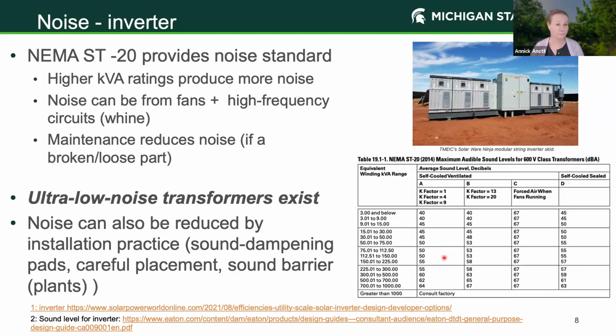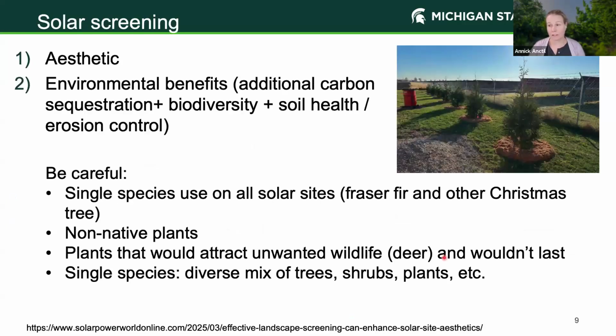In terms of the aesthetic, there are different regulation requirements depending on the state. I can talk mostly about Michigan because that's what I know best. The main reason we do it normally is for aesthetic reasons. But if we plan correctly, we can actually improve the environmental benefit of the farm. That provides additional carbon sequestration.